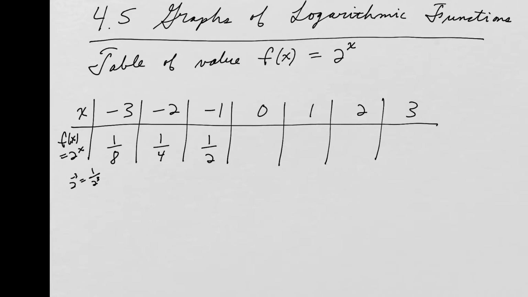Anything to the 0 power is 1, so 2 to the 0 is going to be 1. Then 2 to the 1 power will be 2. Right? 2 squared is 2 times 2, that's 4. And then 2 to the third power, 2 times 2 times 2, that's going to be 8.